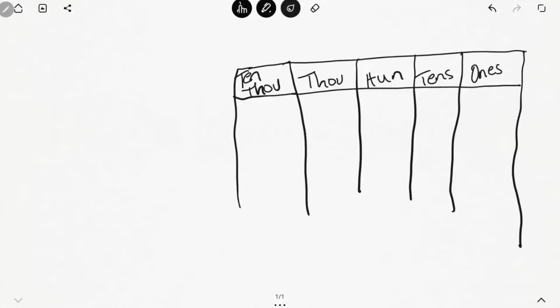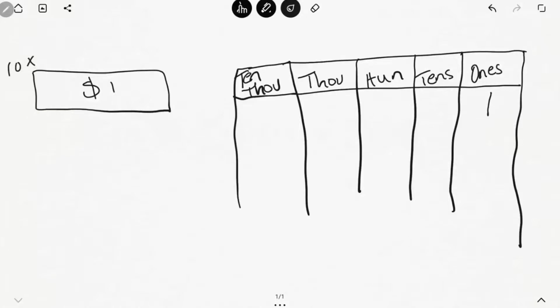All right, so we're going to use money to remind you of how a place value chart looks. Okay, so let's say this is a $1 bill. If we had to write 1 in a place value chart, $1 or even the number 1 is just 1 in the ones column. All right, let's say we had 10 $1 bills. 10 $1 bills is the same thing as having one $10 bill.